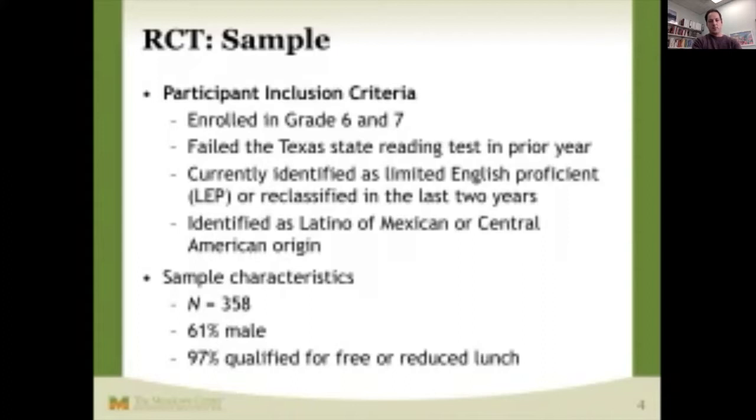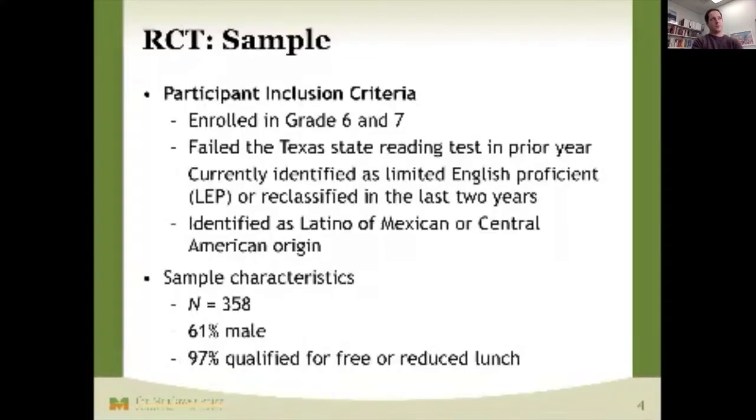And we included this criteria because the sample for the intervention study served as the same sample that was used to collect epigenetic data. And it was important for the epigenetic study to control for ancestry, given our sample size. It is the case, though, that the predominant subgroup of ELs in our area, in Central Texas and in the Austin area and Houston, are Latinos of Mexican or Central American origin.